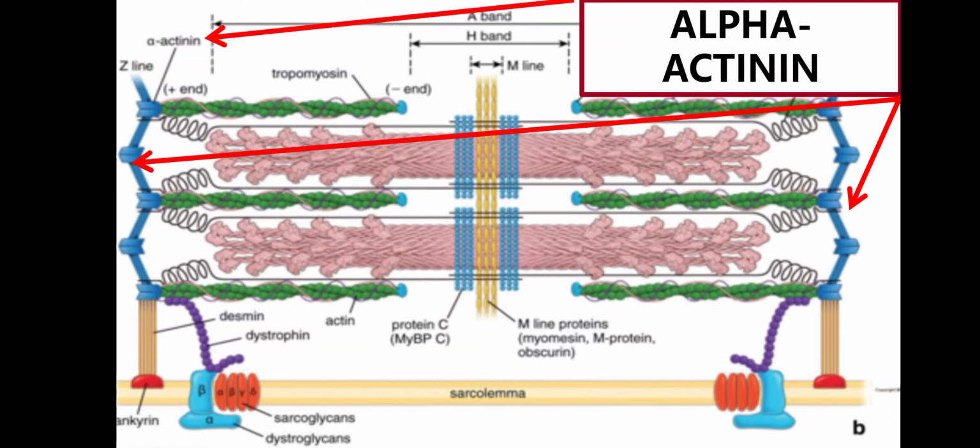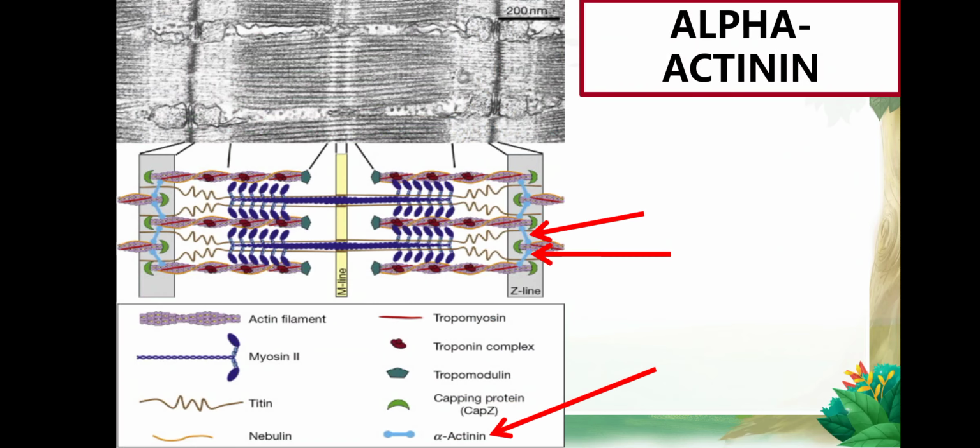If you remember the sarcomere and the myosin and actin protein discussed in the previous question, then you can remember that myosin slides over the actin filament, isn't it? This is the molecular mechanism and sliding theory for muscle contraction. So these two actins are connected with the help of alpha actinin, isn't it?